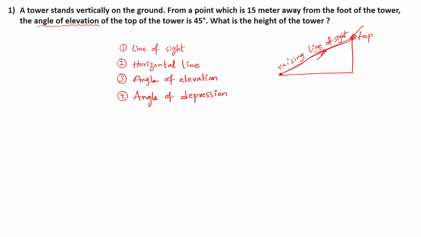Here, since we are observing, we are called the observer. And since we are observing the top of the tree, the top of the tree is called the target. This horizontal line which you can see is the reference of ground level. So this ground level reference line is said to be simply a horizontal line.